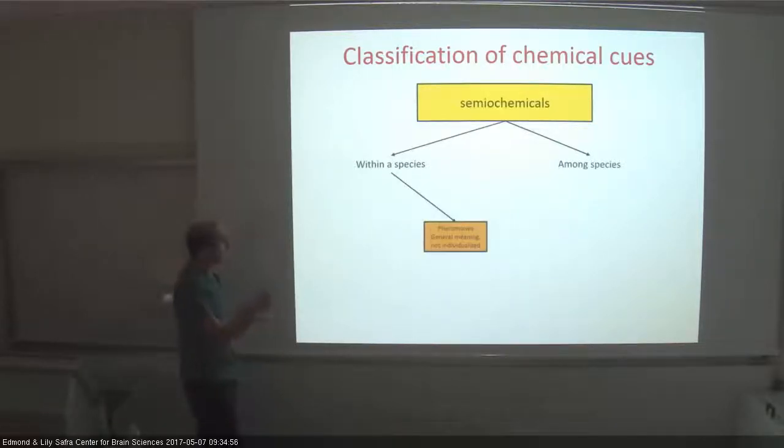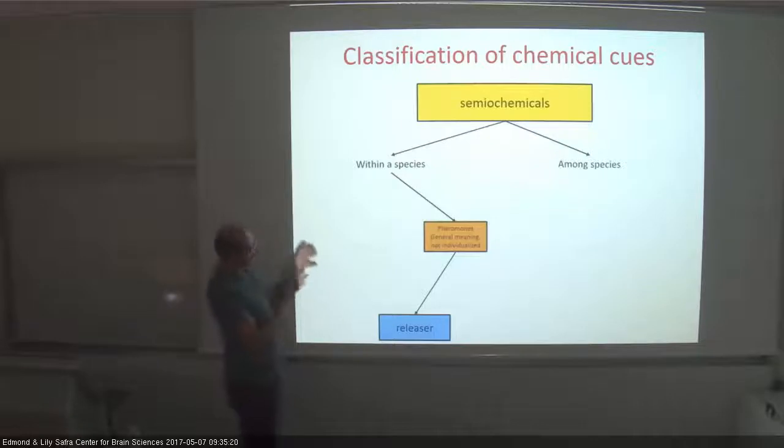Within a species, we speak of pheromones as one class. And the thing about pheromones is that they're not individualized. There's nothing unique about one female's pheromones versus another female's pheromones. They're all identical. They may have different abundance, but it's the same molecule, and it has a clear, unambiguous meaning to the male.